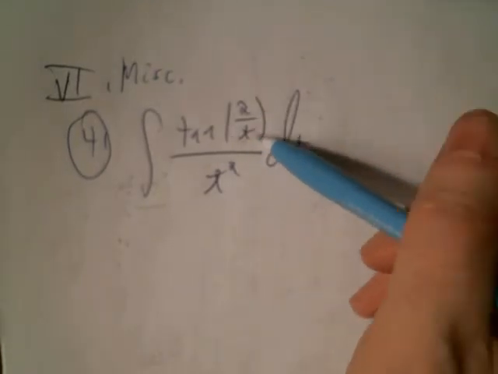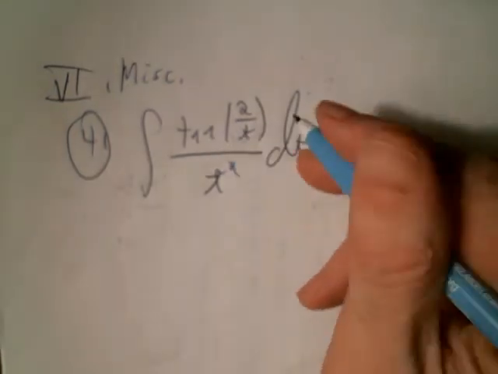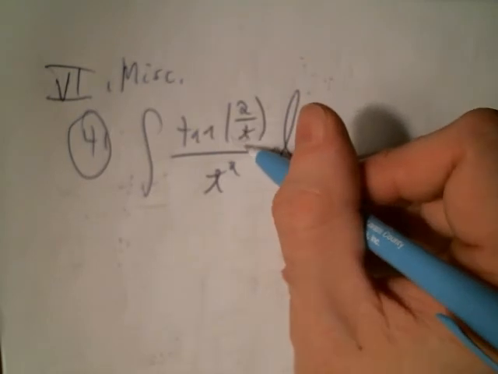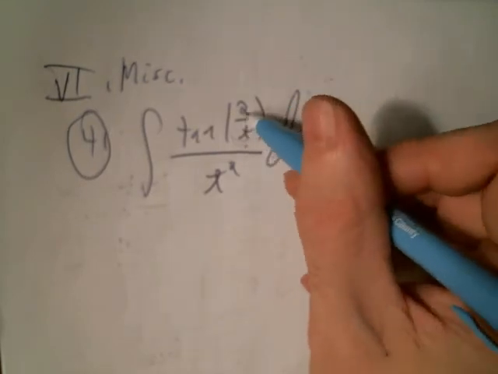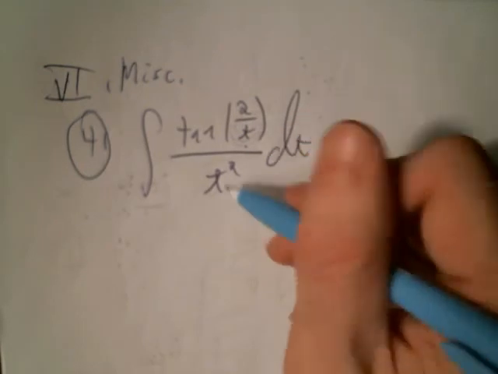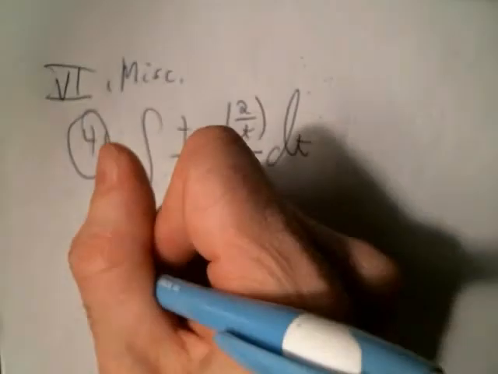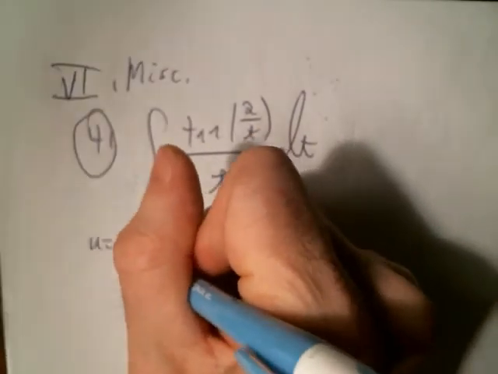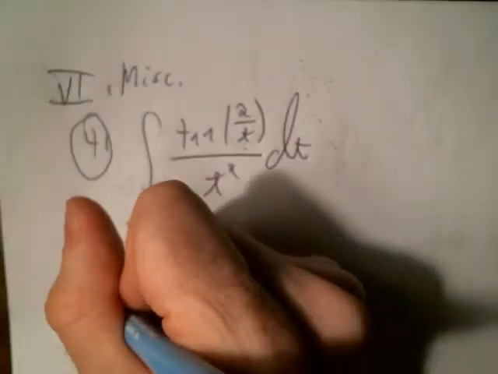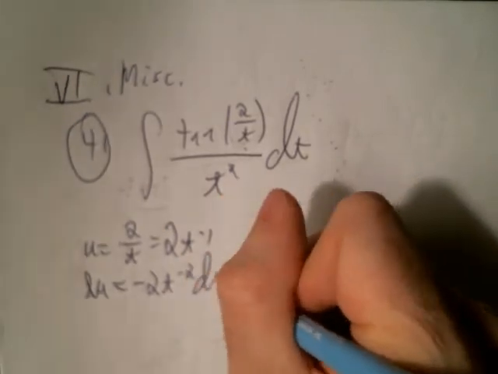So if you know the derivative of 2 over t is kind of like negative 2 over t squared, it's like when you take the derivative of fractions, it increases the denominator. When you take the derivative of something like t cubed, it will decrease the denominator. So anyways, when you do a u sub for 2 all over t, which I'll rewrite as 2t to the negative 1, you'll get du is negative 2t to the negative 2 dt.